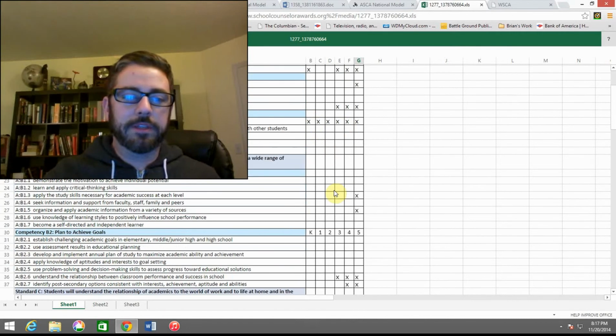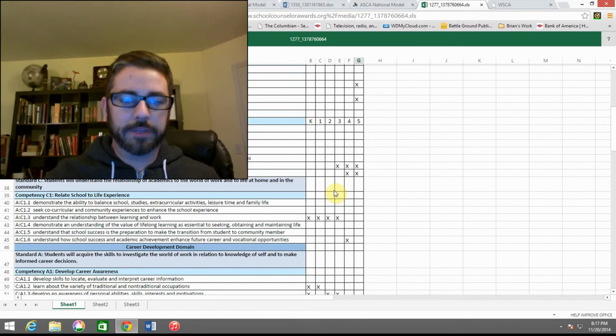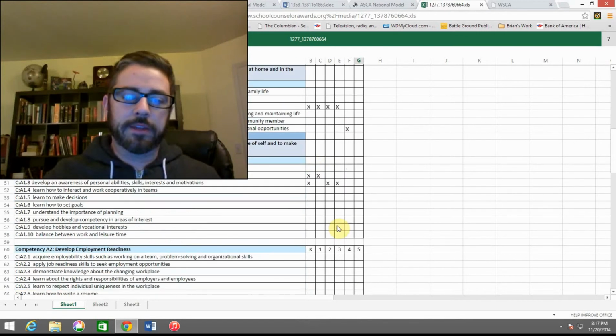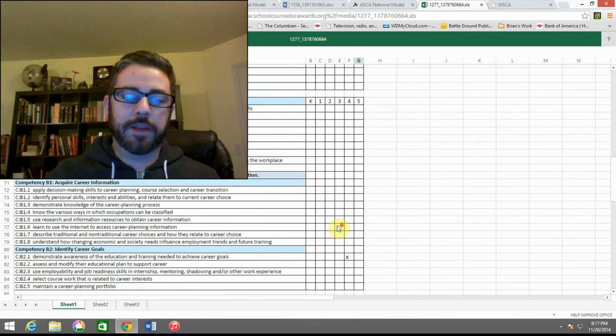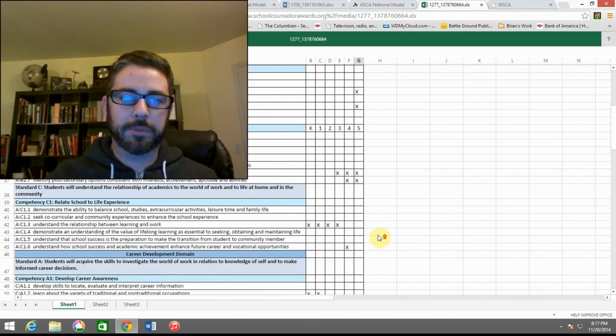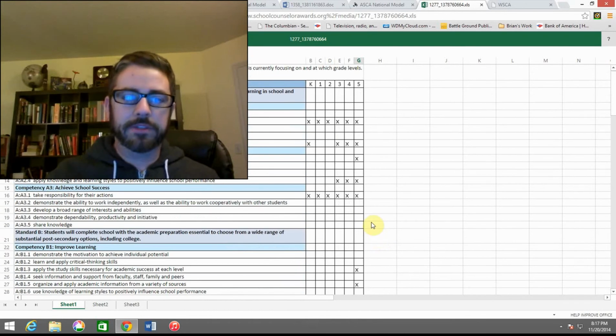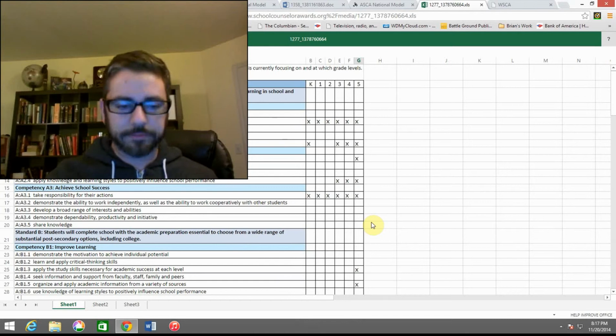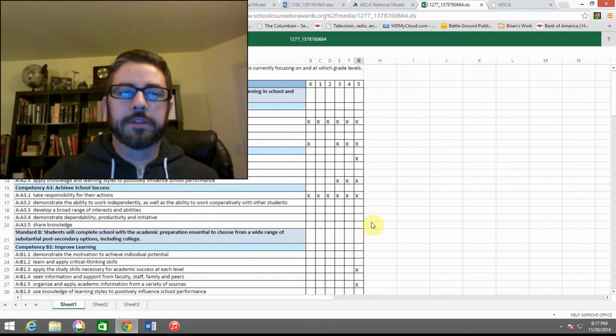But you can see there are standards that they are addressing, even some standards they're addressing with certain grade levels and not with others. And again, I think this is pretty representative of where my high school is at, so I like it as an example. So again, this is one of the things that you'll need to do, is you'll need to address the standards, competencies, and indicators that you are addressing with your students as part of the RAMP application process.